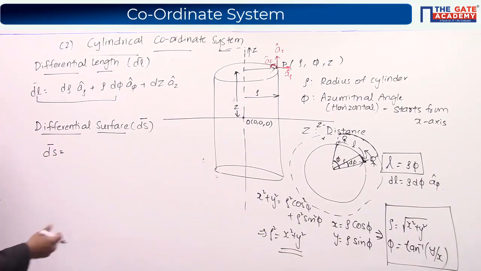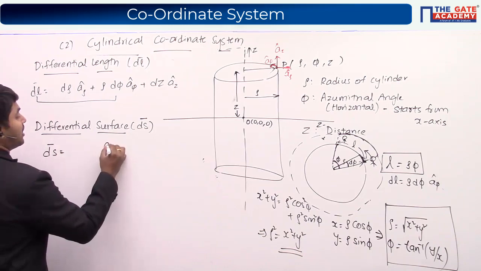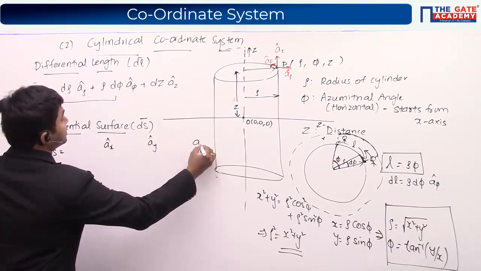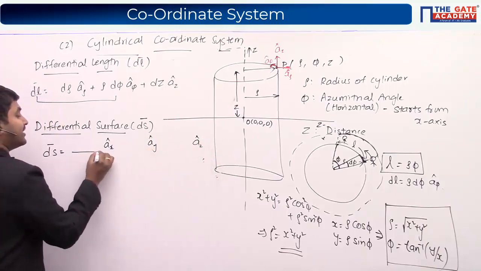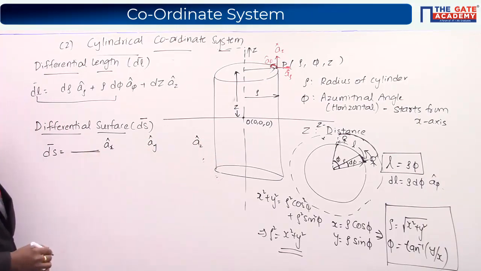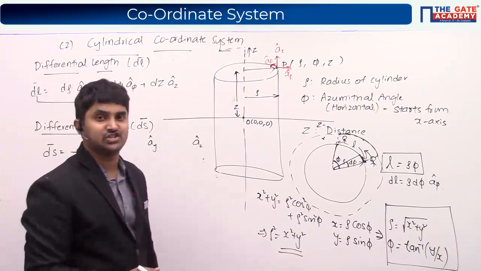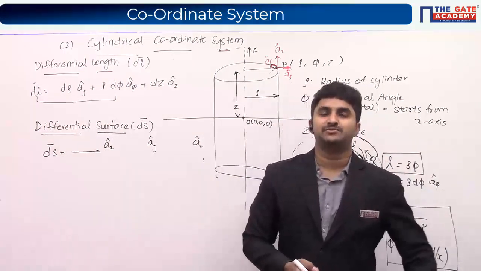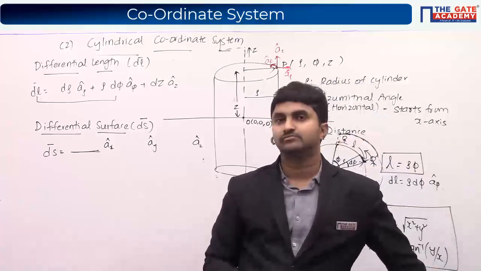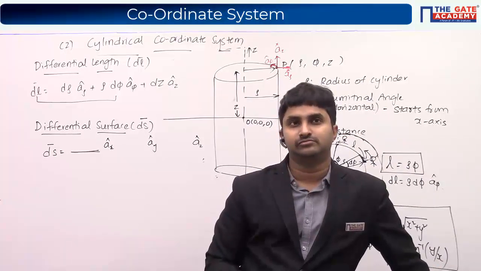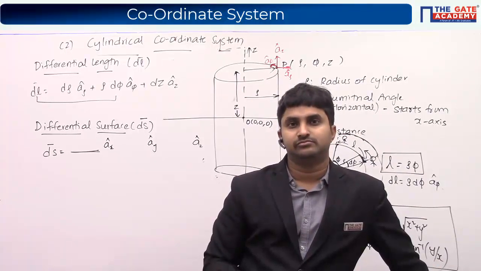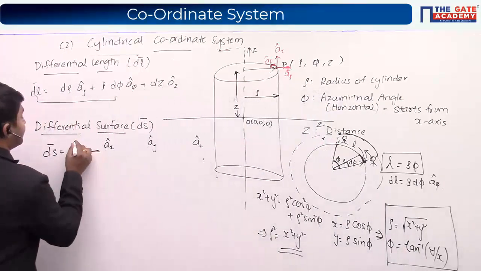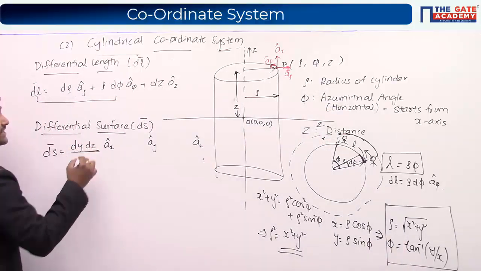If you remember, going back to the Cartesian, if you write x direction, y direction, z direction, what did we write in the x direction? In the x direction, we have written dy dz.